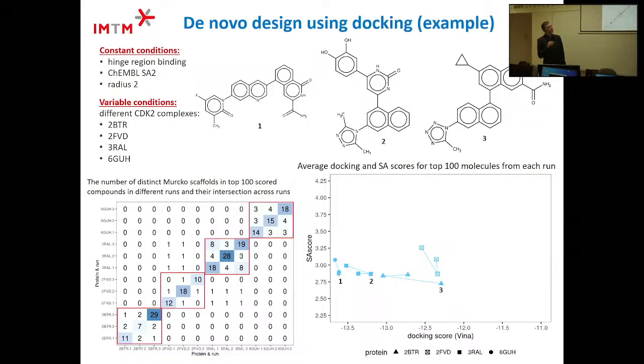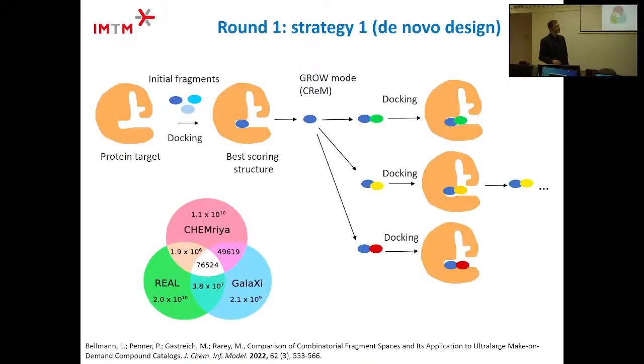And in these cells, you can see that there was no intersection between different runs and different proteins. And even within the same protein, the intersection of scaffolds was pretty low. So again, it suggested that it is reasonable to run this program probably multiple times for multiple receptors to get better predictions and better cover the chemical space. So this was just the preliminary investigation.